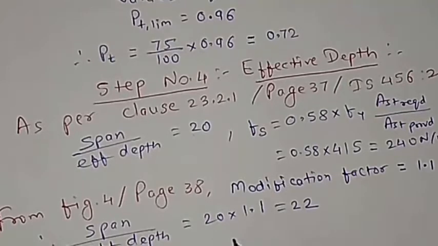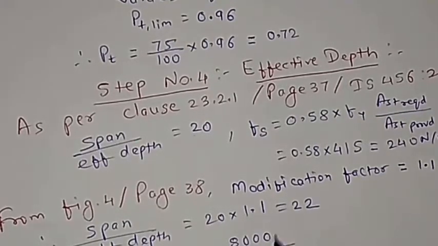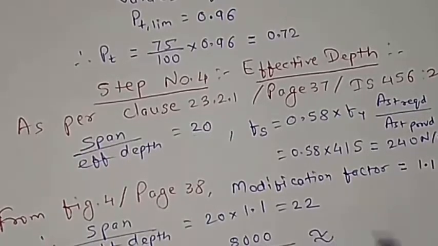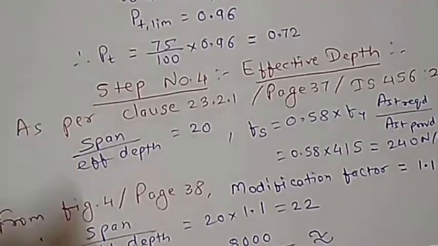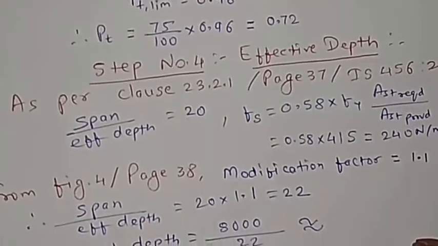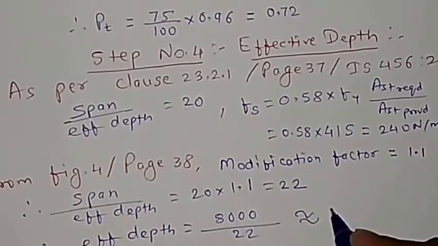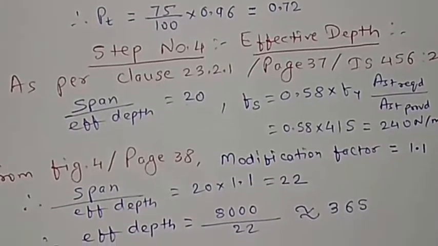Therefore now effective depth would be equal to this span, that is 8000, divided by this ratio 22. This is coming out to be 365 mm.